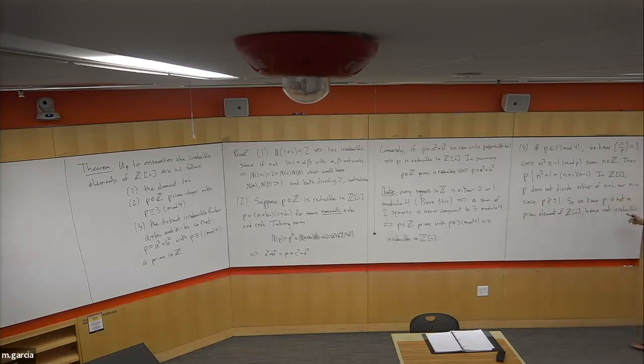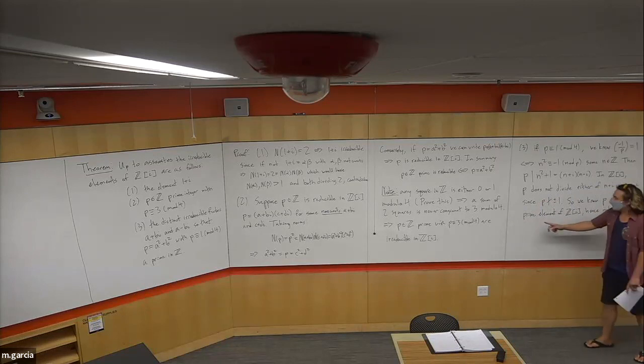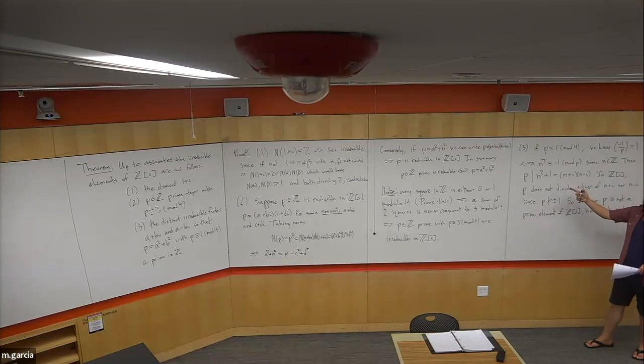And why do I bother saying this? It's just because we're appealing to the primeness definition, which is equivalent to irreducible. That's what we're saying: P divides some product, but it doesn't divide either of the factors of that product.